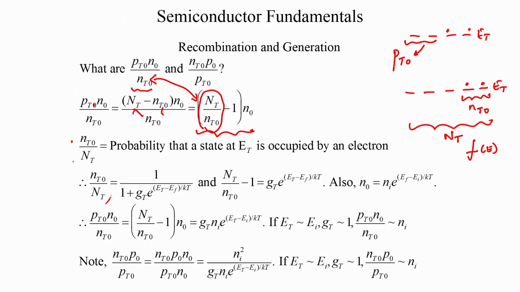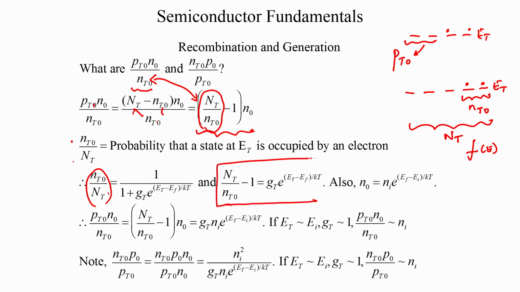So, NTO by NT is essentially the Fermi function with the small correction factor GT, okay. And therefore, this term is the reciprocal of this Fermi function. So, you take the reciprocal of this, which is 1 plus GT to the power ET minus EF by KT, minus 1, is essentially this.